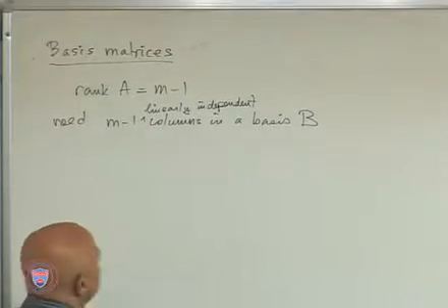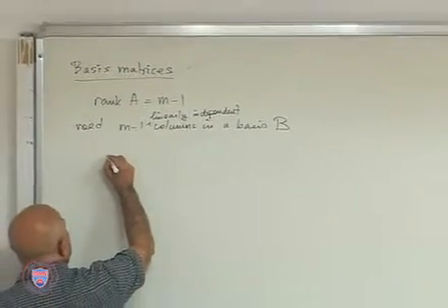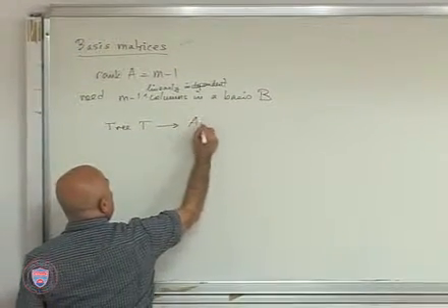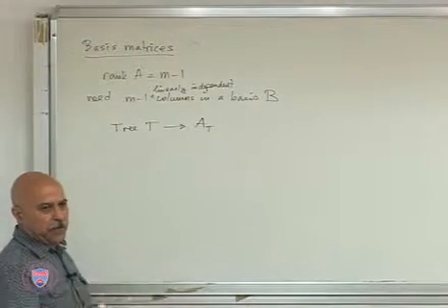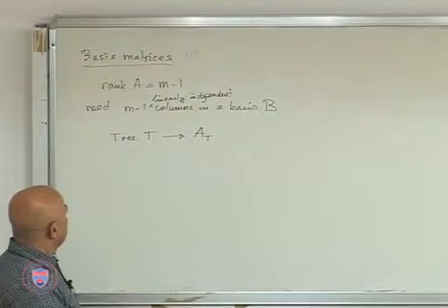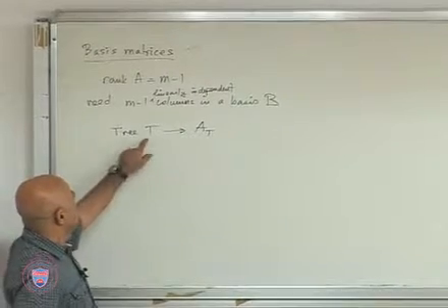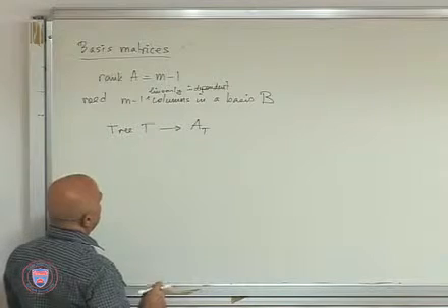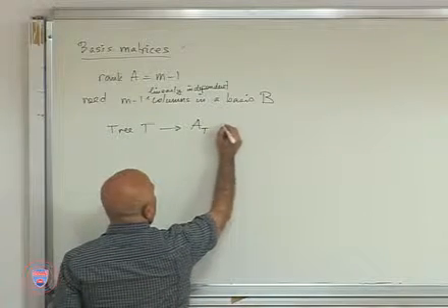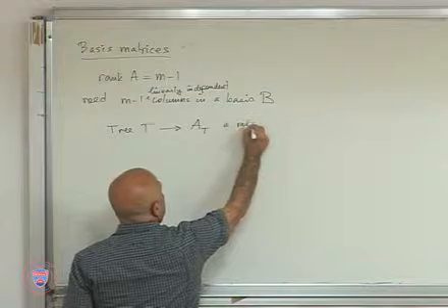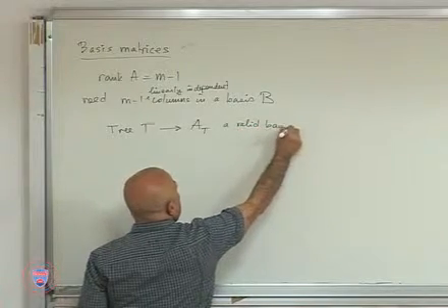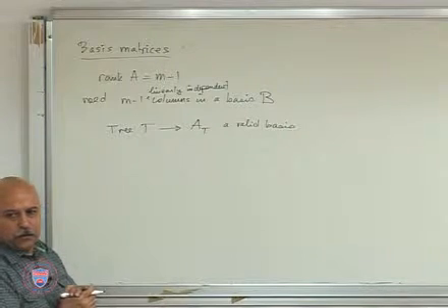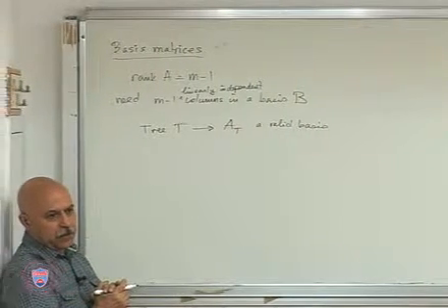From the foregoing proof, you can see that each tree T gives you a matrix A sub T corresponding to columns of the A matrix that are corresponding to arcs in T. And this would be a valid basis because we just proved that it could be put into lower triangular form with non-zero elements in the diagonal.